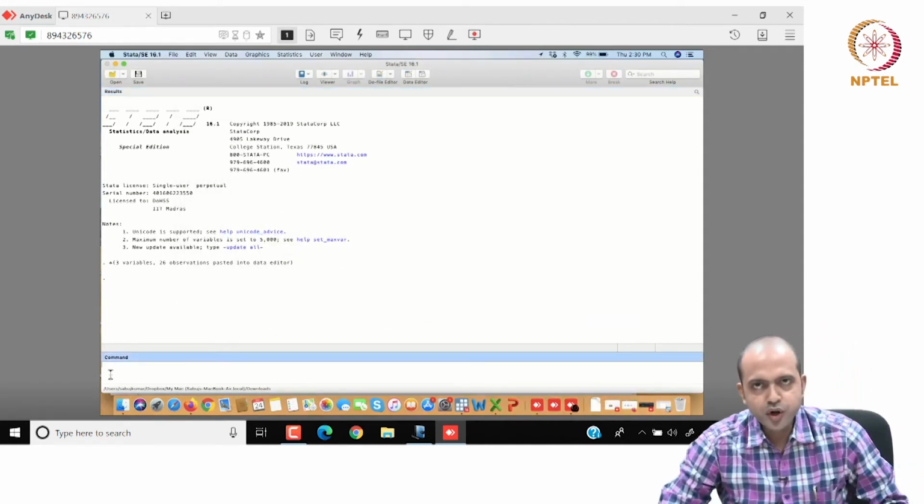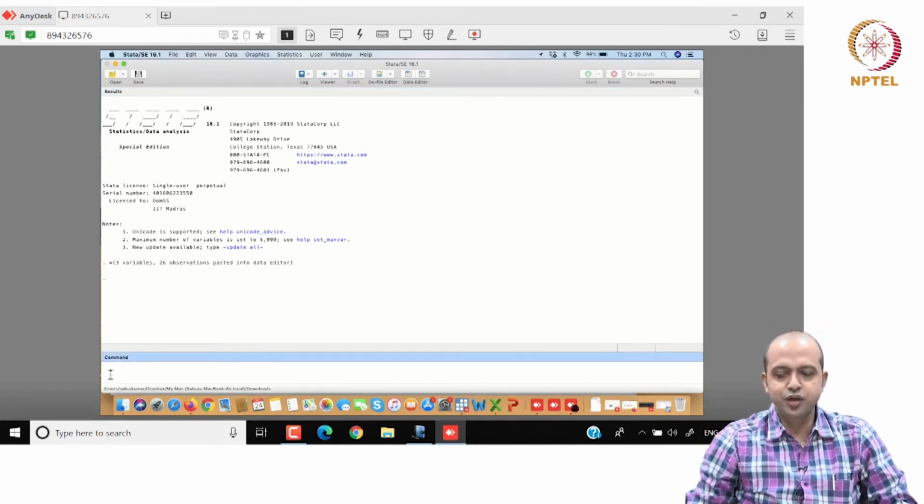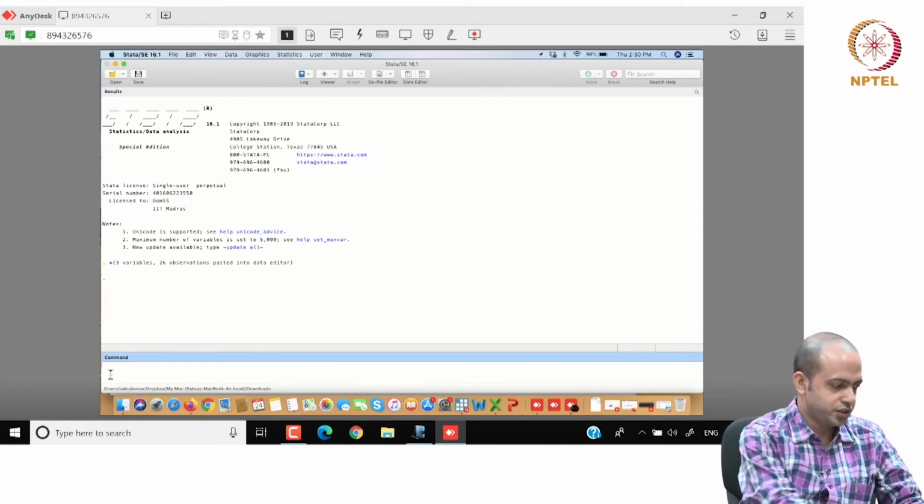So, we have to run basically 3 regressions here, one for the period 1970 to 1981 and another for 1982 to 1995. These are the two unrestricted models, and one for the entire time period, which is basically the restricted model. What is the restriction? We are assuming that there is no structural change in terms of the intercept as well as the slope coefficients of the savings income relationship.